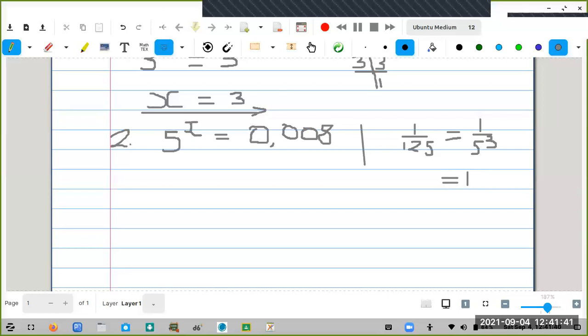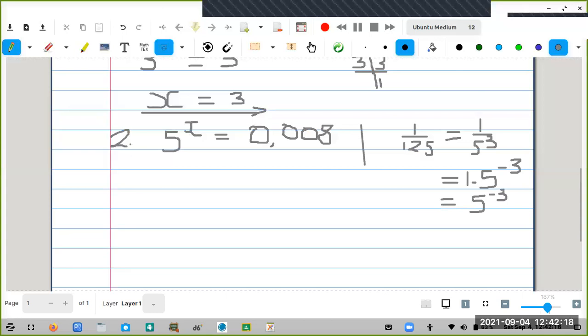In the numerator, we've got 1, so we multiply by the incoming number, which is 5 to an exponent. Since I'm moving a number from the denominator to the numerator, the exponent becomes negative. So when I simplify, 1 times 5 to exponent negative 3 gives 5 to exponent negative 3.